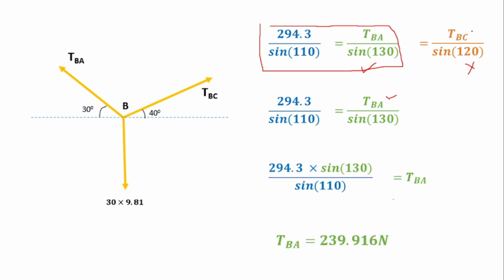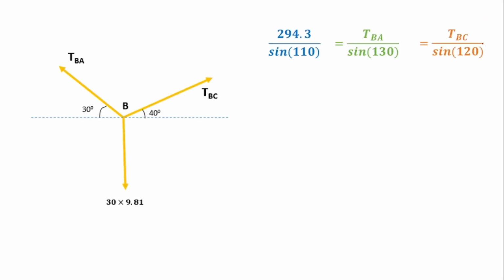Now to find the value of TBC, we'll equate this term with this term. Let's see how to do it. So 294.3 divided by sine 110 is equal to TBC divided by sine of 120. So now this sine of 120 goes to the numerator.